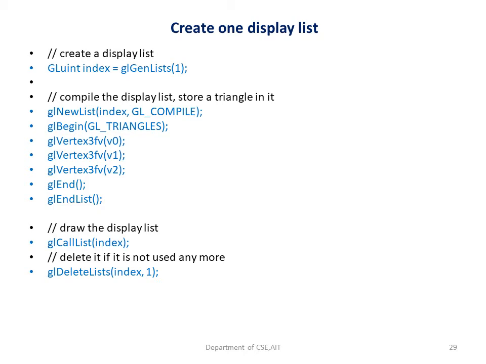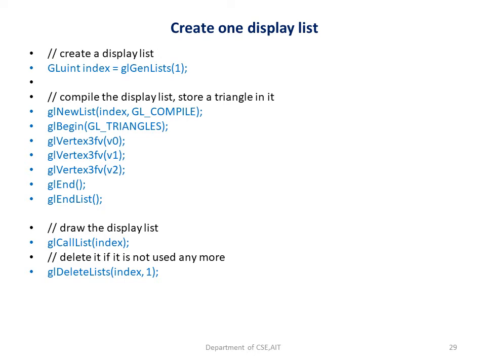Suppose I want to see the output from the display list, then you can use the API glCallList. glCallList has one argument, which is the index, the index number you are going to specify. So if the index number matches, the triangle will be given as the output. If the index is a different one, that particular program will be executed.